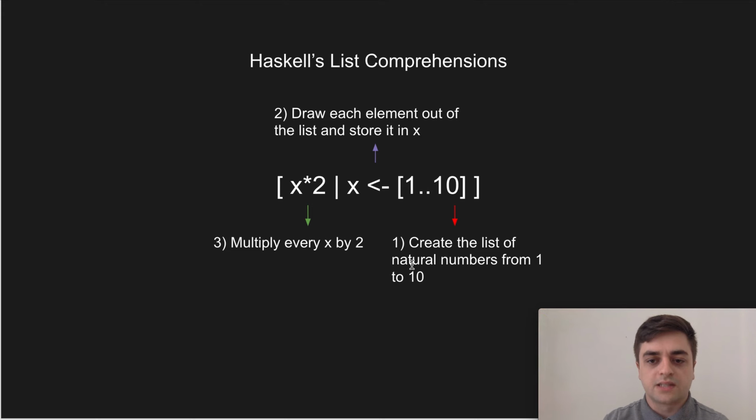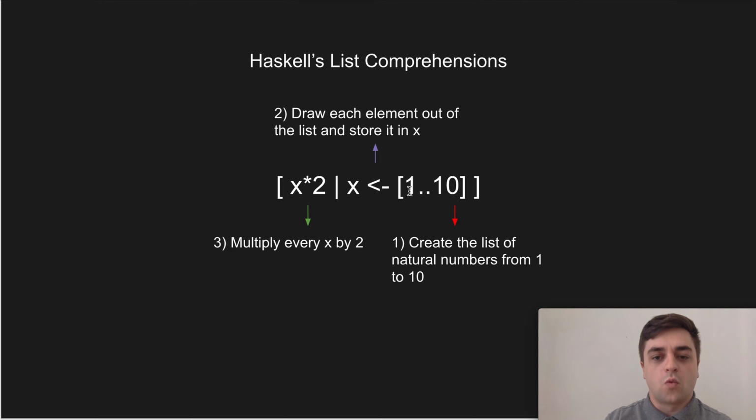And then some new magic happens in Haskell. We have this new syntax, this left arrow, a left angle bracket and a dash, and basically we have this concept in Haskell called drawing down from a list, right?